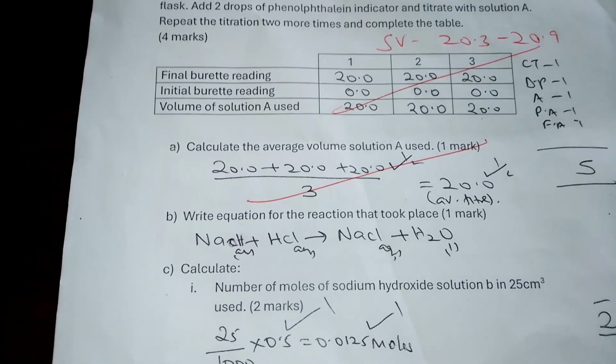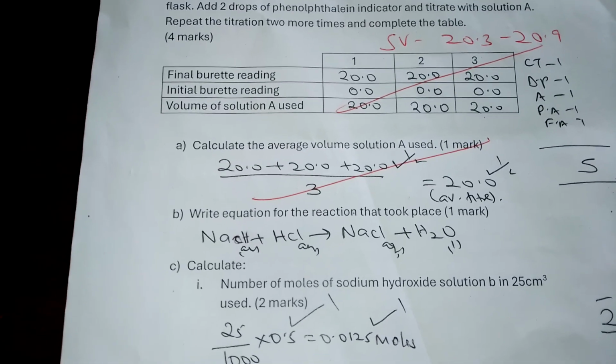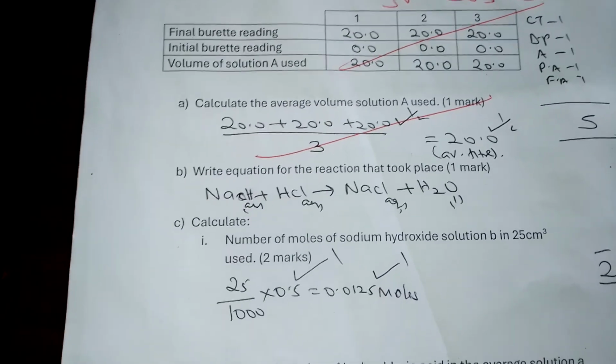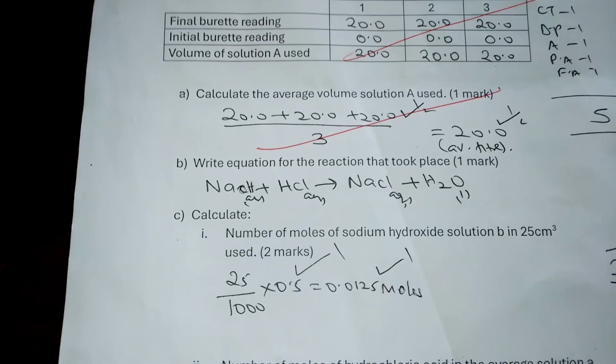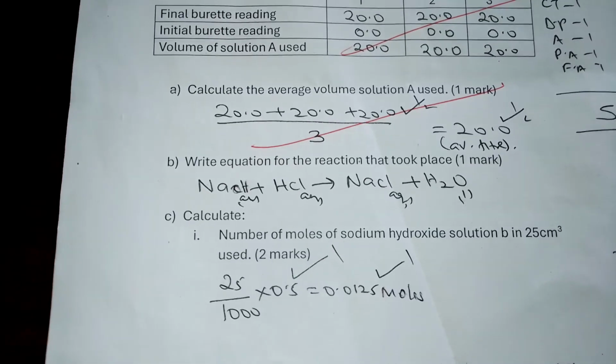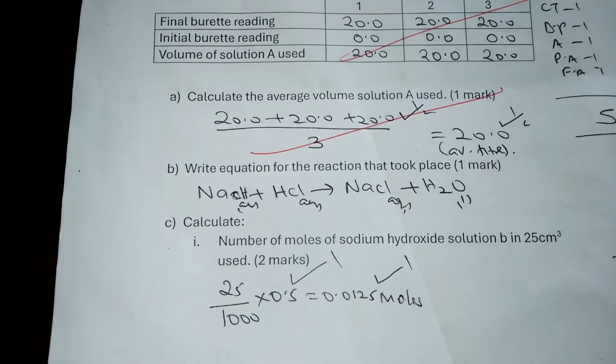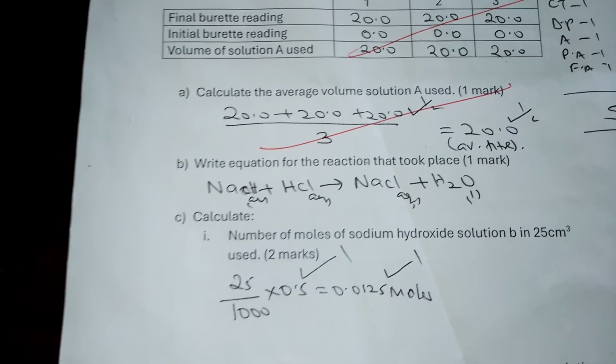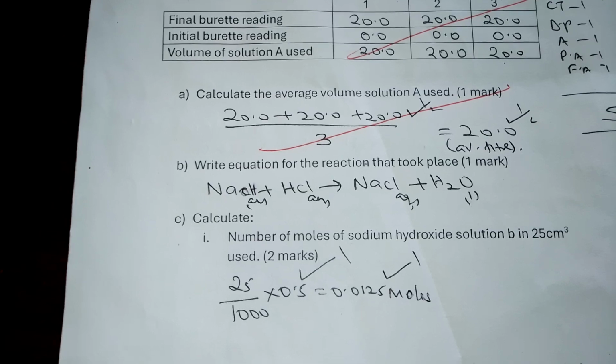And then we went on to answer. We were told to calculate the number of moles of sodium hydroxide solution B in the 25 cubic centimeters used, and they were 2 marks. Remember that the pipette we were using was labeled and is supposed to carry a specific volume of a solution, which was 25 cubic centimeters.